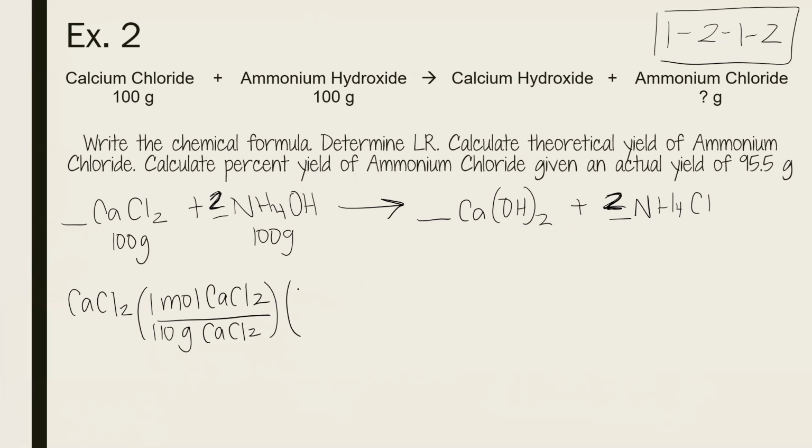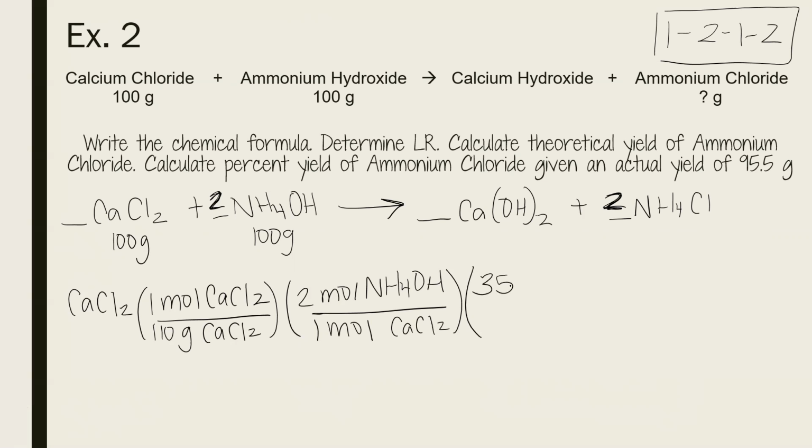My unknown is the reactant I didn't start with. If you have more than 2 reactants, you're only comparing the ones I gave you numbers for. We're not going to get more complex than that.